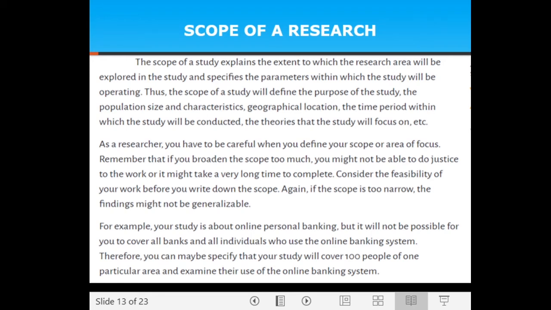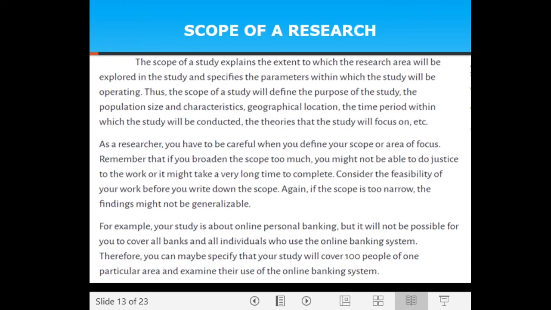As I said earlier, you are analyzing the Central University of Punjab Library. You are not analyzing all the libraries in Punjab. You are restricting the scope only to the library of Central University of Punjab. You cannot analyze all the libraries in Punjab state.